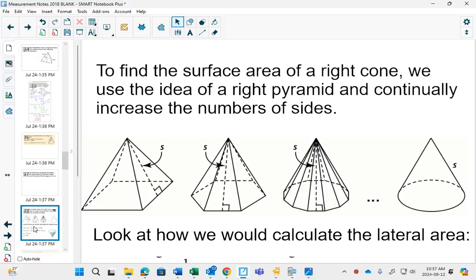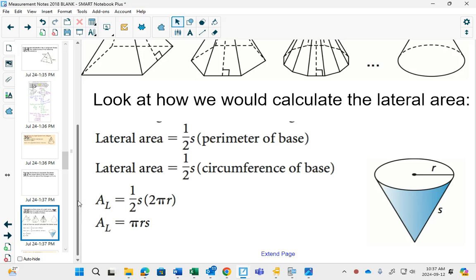But if we take that formula, this is exciting math, and you say that the lateral area of that previous one was 1/2 the slant height times the perimeter of the base, the perimeter of a circle is just 2 pi r. So the lateral area, this part in blue, without the base, is just 1/2 times the slant height times 2 pi r, and the 2's nicely cancel out.